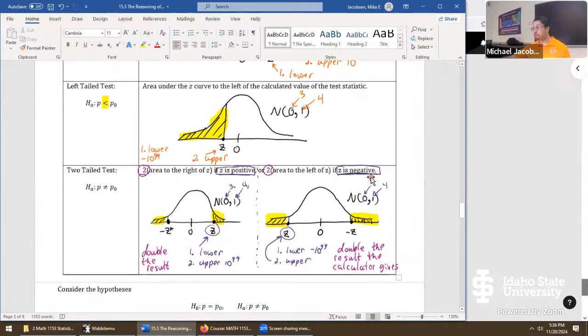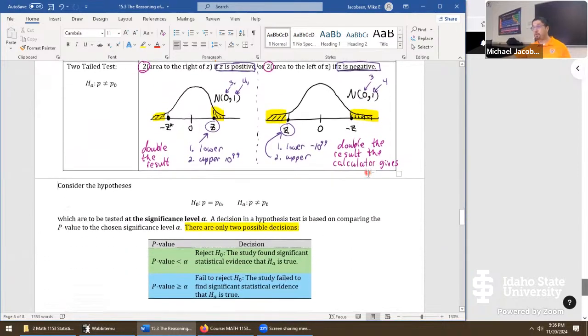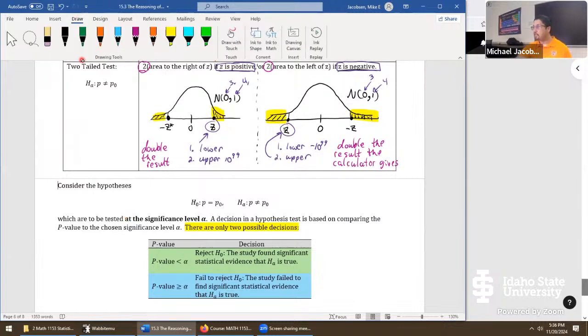After we get our p-value out, we go back to our hypotheses. They're to be tested at some significance level alpha that either the problem specifies or the problem will ask you to specify. I think that's what's going to happen in our example too. Once you compare your p-value to whatever significance level alpha the test has been set as, we make a decision based on these two potential outcomes.